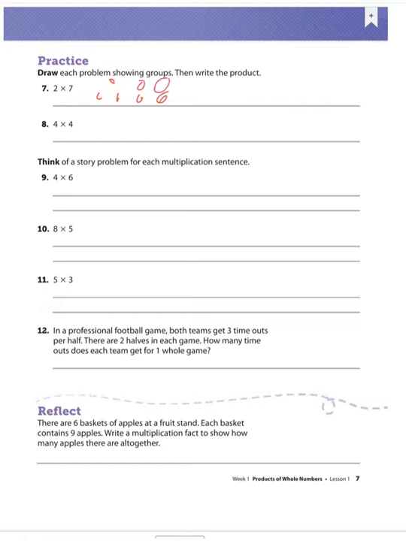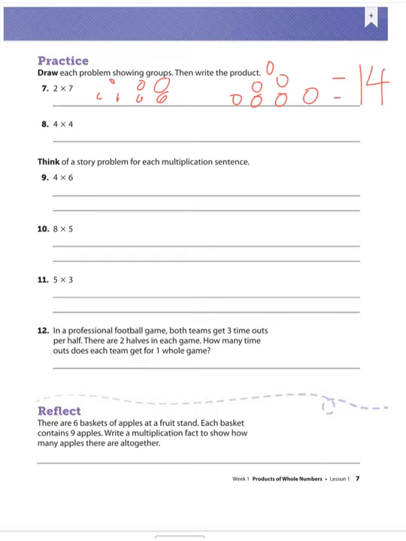That's one group. 1, 2, 3, 4, 5, 6, 7. Now I'm going to count these to solve my answer. 1 through 14, because 2 times 7 equals 14.